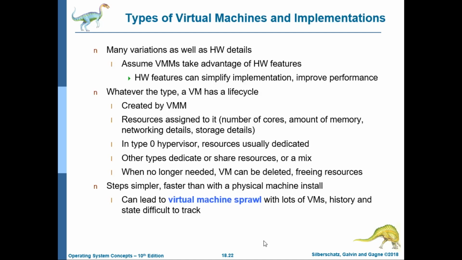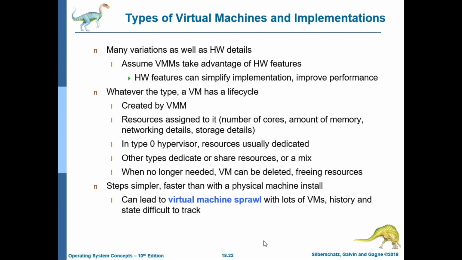Okay, next we have the types of virtual machines and implementations. There are many variations as well as hardware details. Assume VMMs take advantage of hardware features, and these hardware features can simplify implementation and improve performance. Whatever the type, a virtual machine has a life cycle. The first step is that it is created by the virtual machine manager.